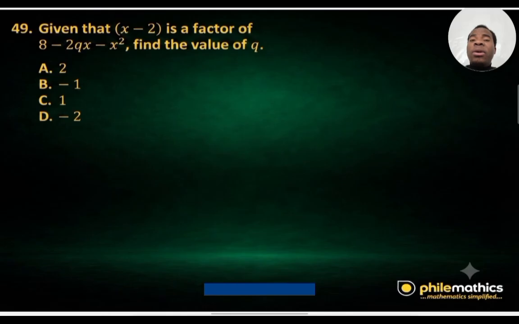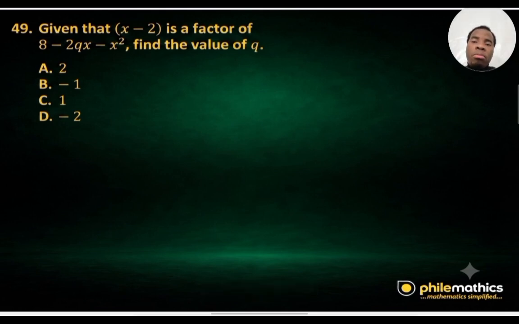This question tests our understanding of quadratic equation. It says, given that x minus 2 is a factor of 8 minus 2qx minus x squared, find the value of q. What do we know?